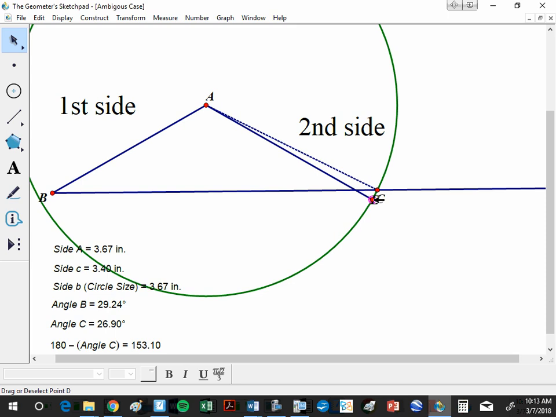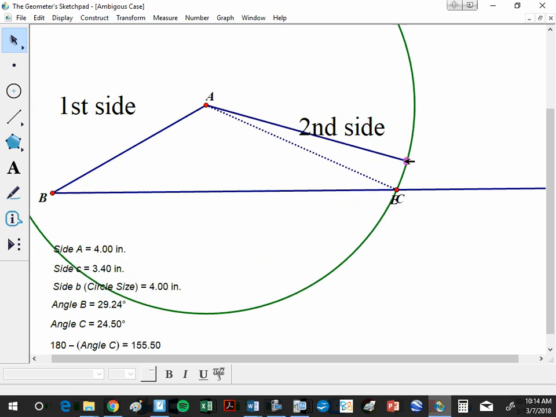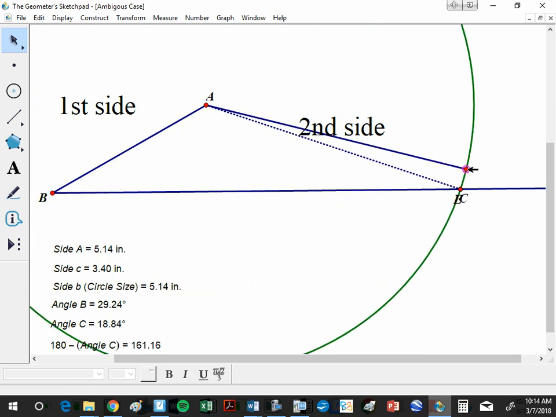Now, we need to be able to do this in every orientation, but if you understand this diagram, then you can sort of extrapolate your other diagrams and create what you need to. So once again, if the second side is longer than the first side, you have a triangle.